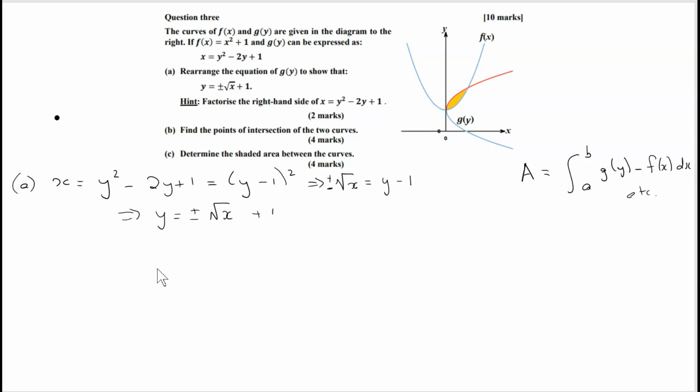Often with these questions, if you can't get the first part, at least use that to go further. So you now know what f of x is, and what g of y is, right? So you're working with g of y.